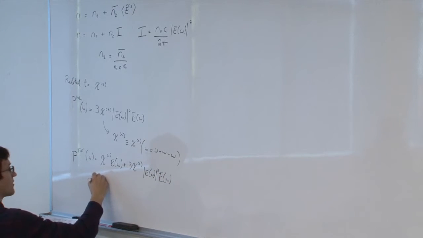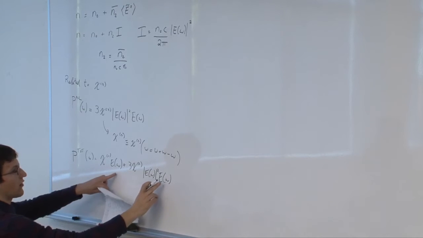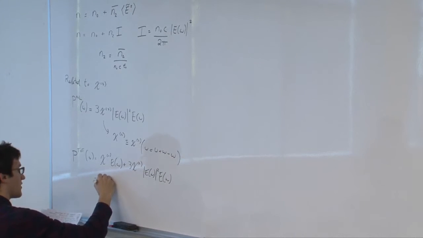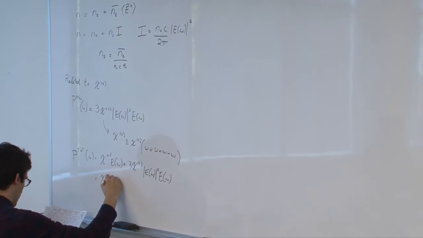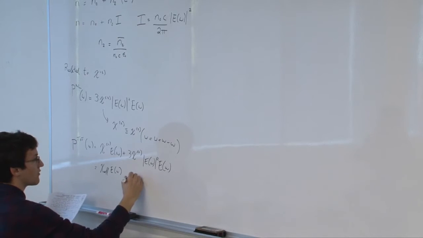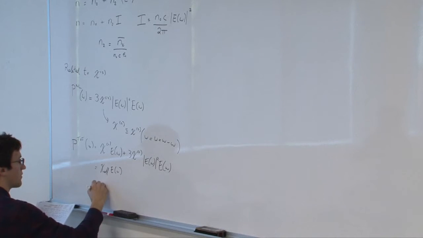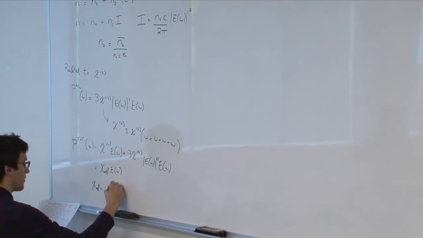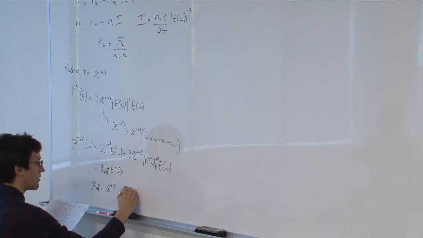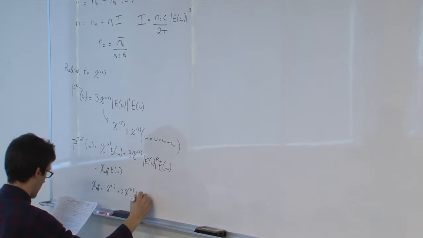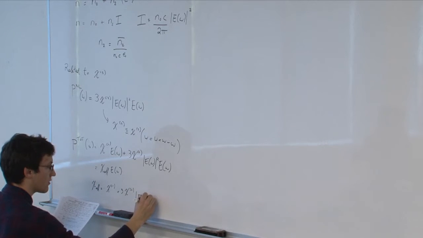And I can write it in such a way, factoring out this electric field, that I have chi effective E of omega, where chi effective is given by chi1 plus 3 chi3 times the electric field squared.